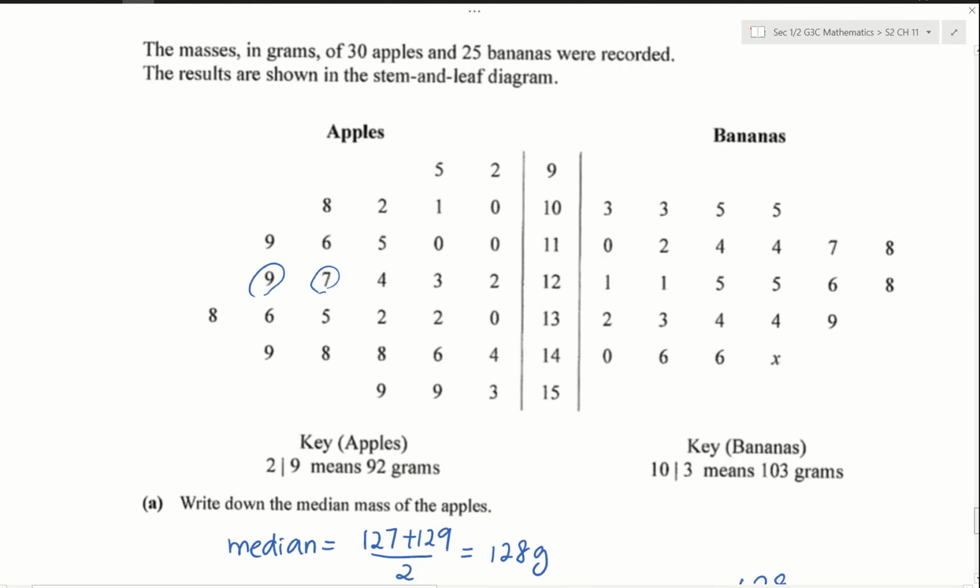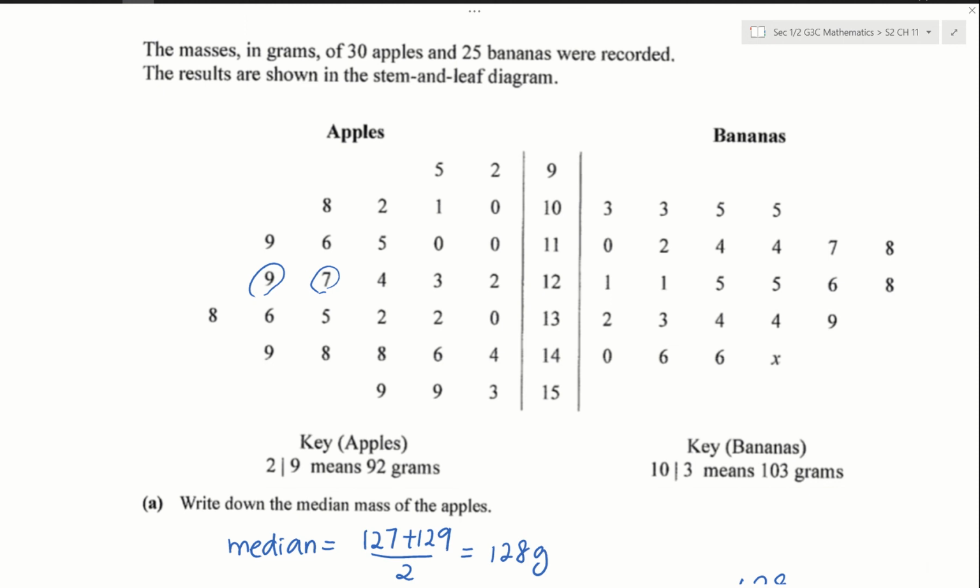Okay, last question. Stem and leaf diagram. Masses of 30 apples, 25 bananas. So different numbers. Write down the median mass of the apples. You need to find the median position, which is between number 15 and number 16, because the median position is 31 divided by 2, which is 15.5. So identify where number 15 and number 16 are, and it is important that you count carefully.